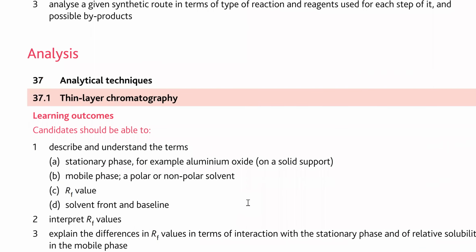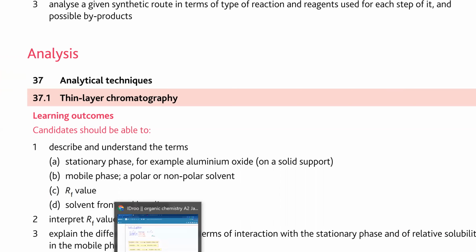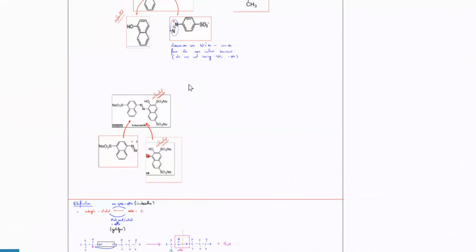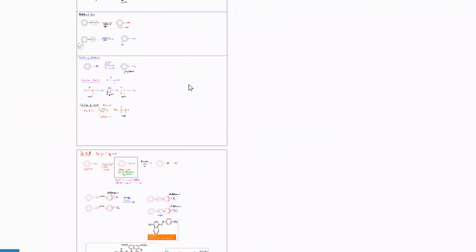The only thing that's left after this is analytical techniques. So in the next class, we're going to cover polymerization quickly, and then we'll start doing past paper questions. Just make sure that we have the boards on this. Broadly, organic chemistry is about three things. It's about electrophilic substitution.